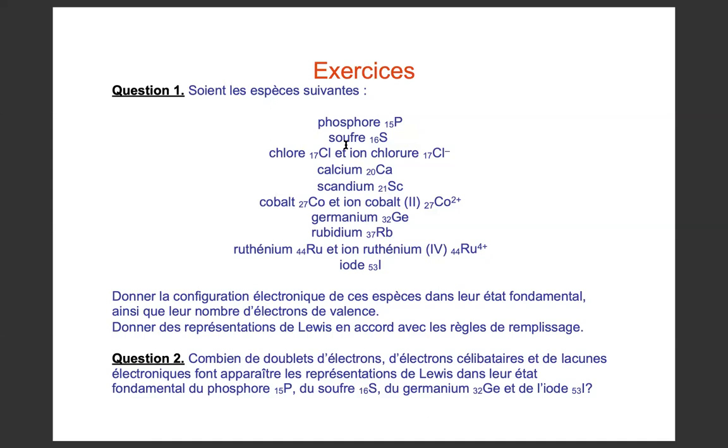So for those that will do the exercise, you give me the normal electron configuration. Then you also give me the electron configuration for argon, the noble gas configurations. Then you give the number of electrons that are found in the couche de valence.